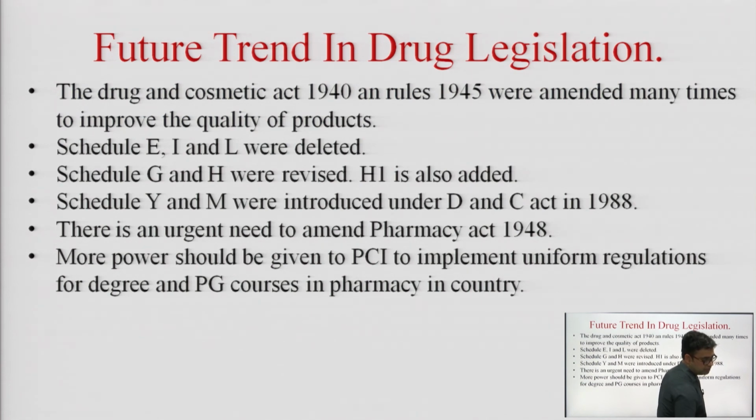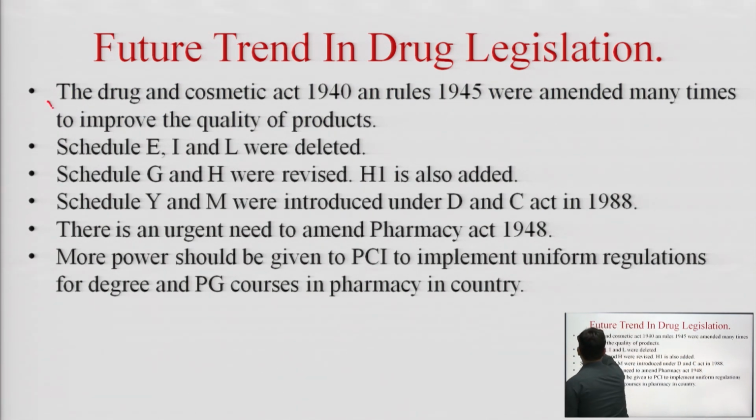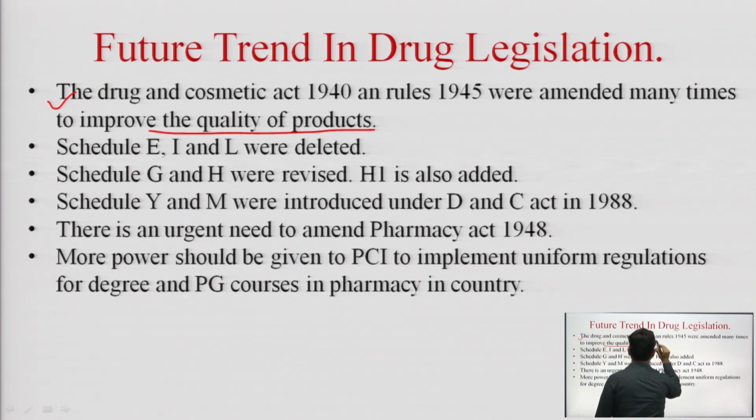Now, future trends in drug regulations. What are the future trends? The Drug and Cosmetic Act 1940 and Rules 1945 were amended many times to improve the quality of the product. Schedule E, I and L were deleted. Schedule G, Schedule H were revised. H1 is also added.